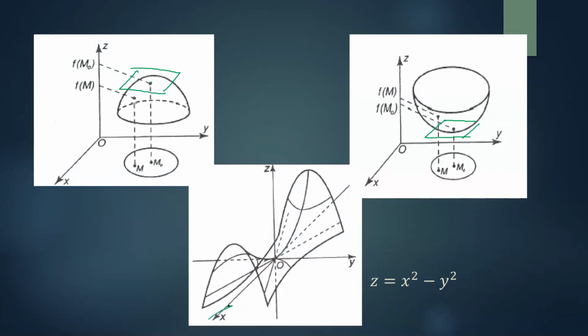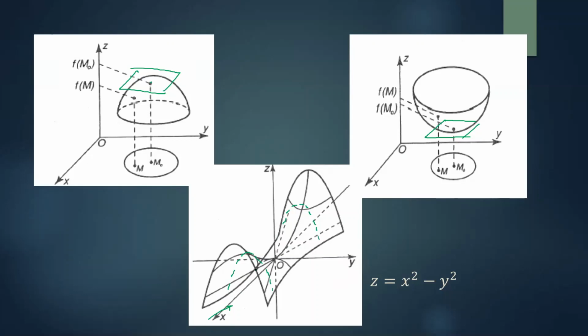The next section is a parabola too. But if we look from the y direction, what we see, this curve, is a hyperbola, a branch of a hyperbola. On the other side, this would also be a hyperbola. So this is a saddle surface, as you can imagine.